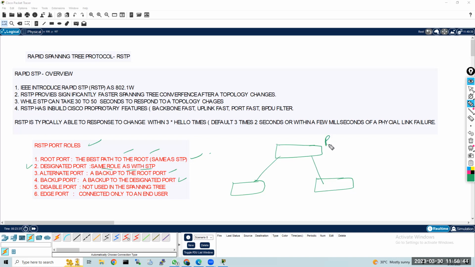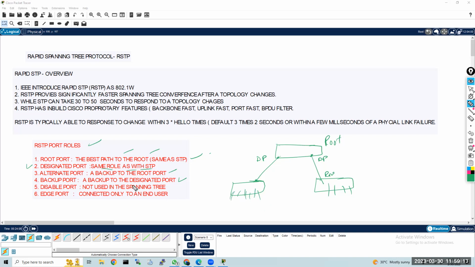This is my root bridge, so this port is called the designated port, DP. And for this switch, this port acts as your root port, from where we are getting the updates for all the end user devices.